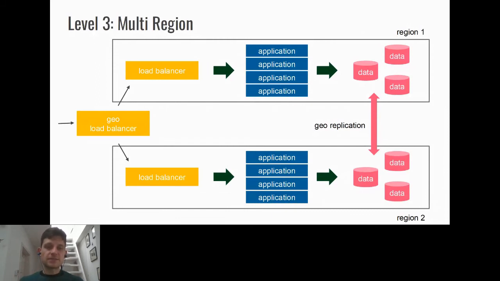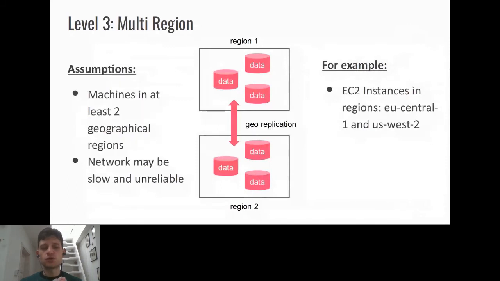To give the assumption, now we'll have machines in at least 2 geographical regions, and the network may be slow and unreliable. In multi-zone, cloud providers still have dedicated networking.